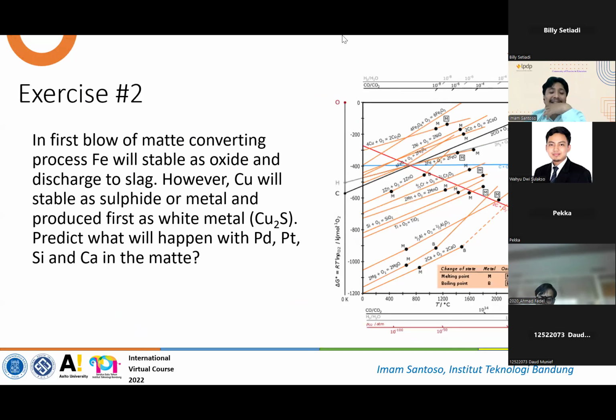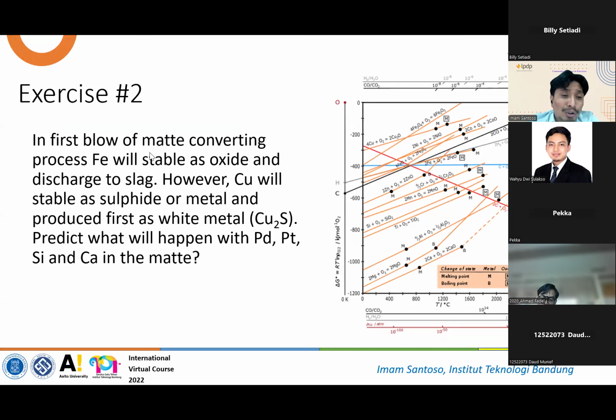Now, when you want to produce copper from matte, there is a converting process.